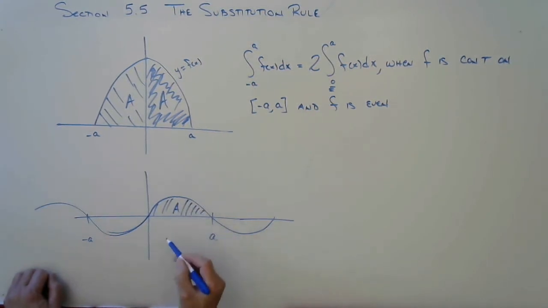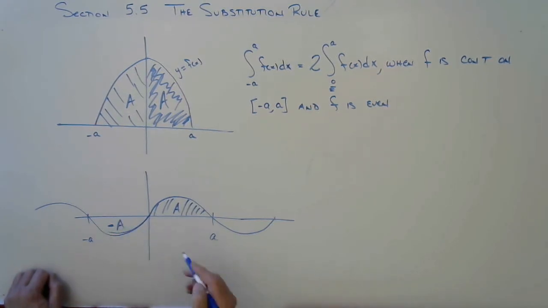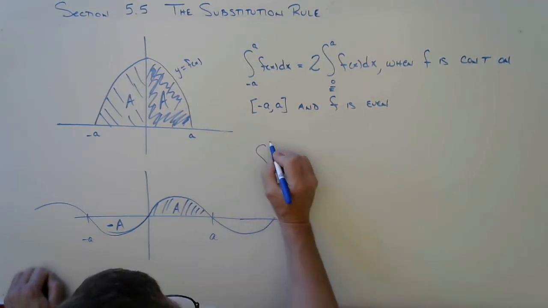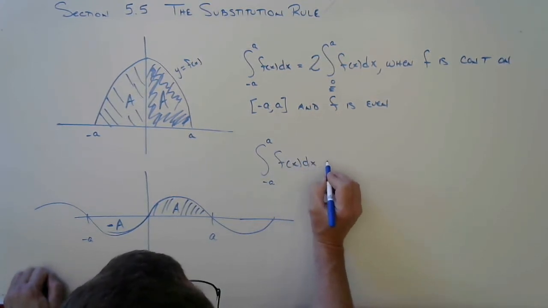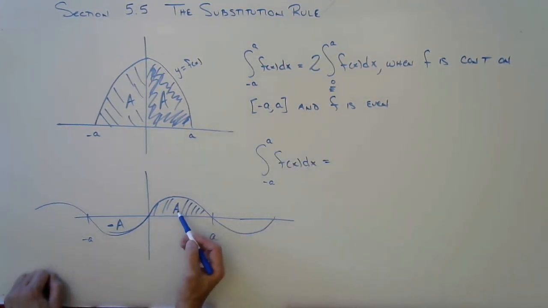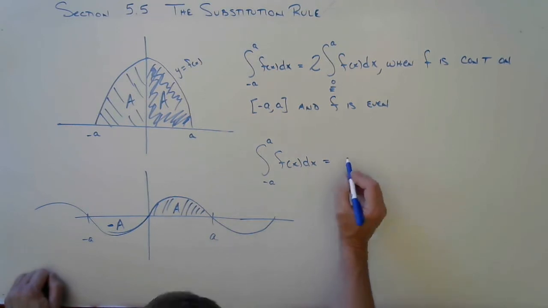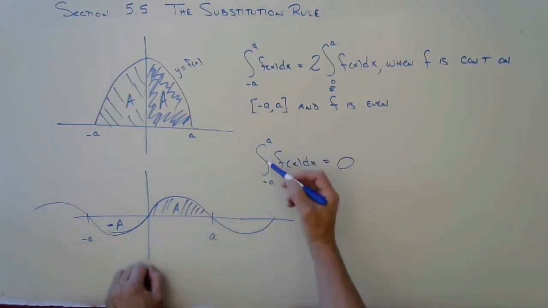We know this area, because it's below the x-axis, is going to be negative. And so if f is odd, and they ask us to find the integral between negative a and a of f of x dx, we get this positive piece plus this negative piece, so we get a net answer of 0.